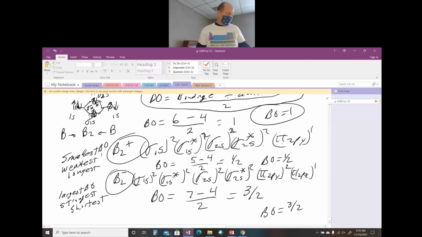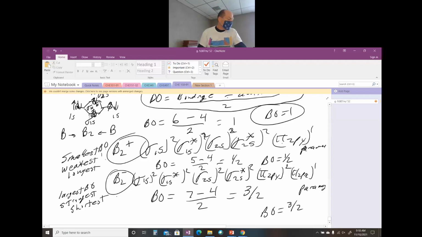And so when it asks for para or diamagnetic, all of these are paramagnetic. So you have 1 unpaired electron, paramagnetic. Each of the B2 plus and the B2 minus have 1 unpaired electron, and they're paramagnetic.